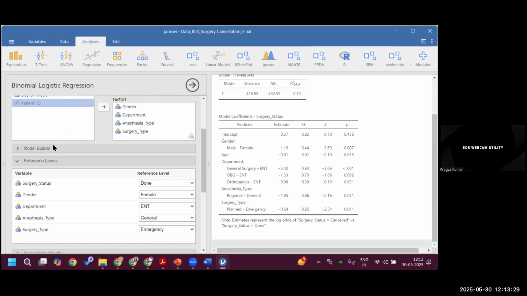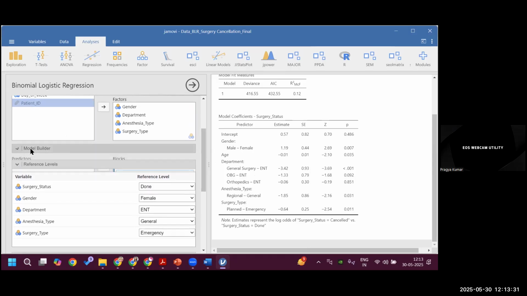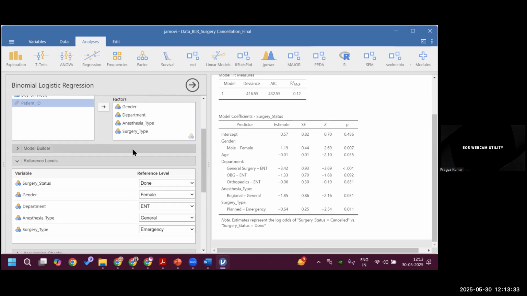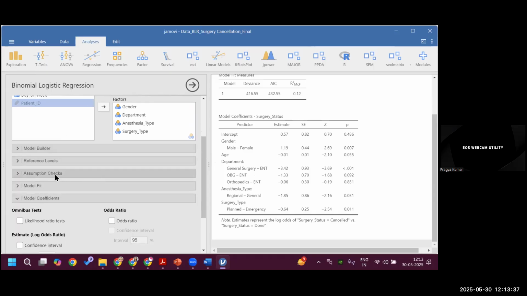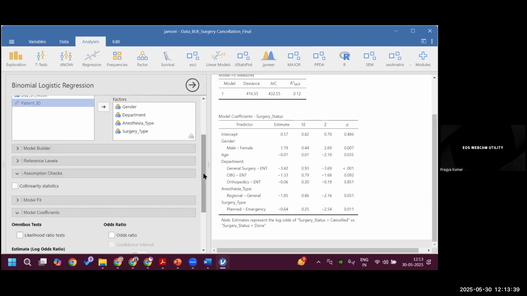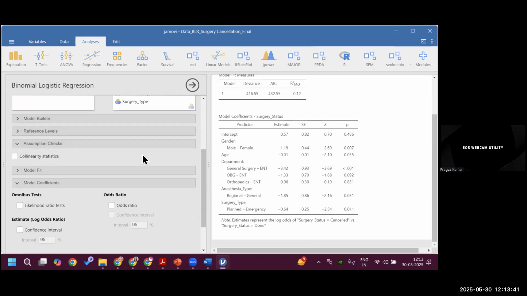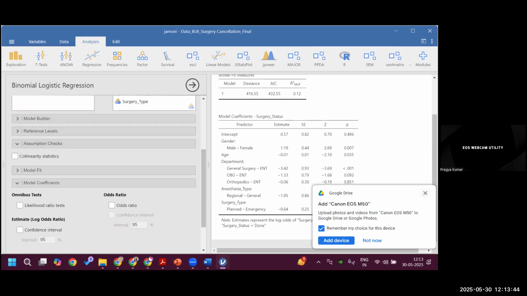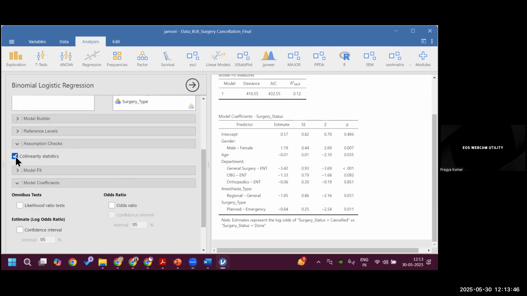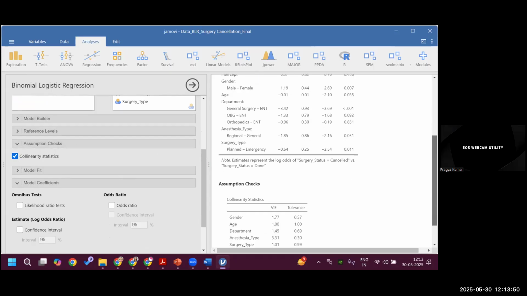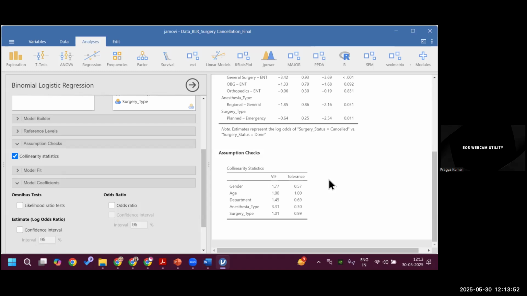Now I'm not touching the model builder option. Seeing the next, the assumption checks. Here in the assumption check, there is only one assumption, that is the collinearity statistics. If you click the collinearity statistics, this is the VIF and the tolerance value.